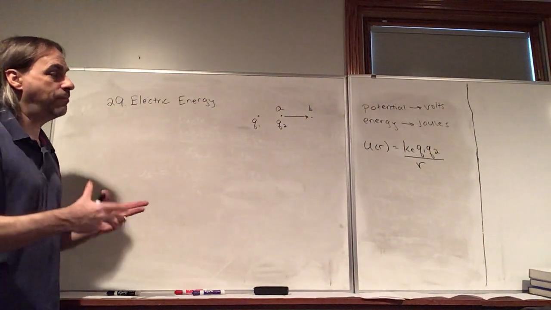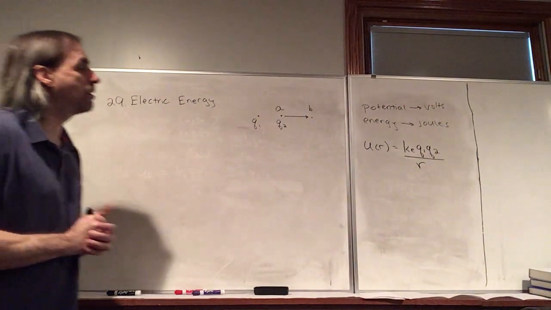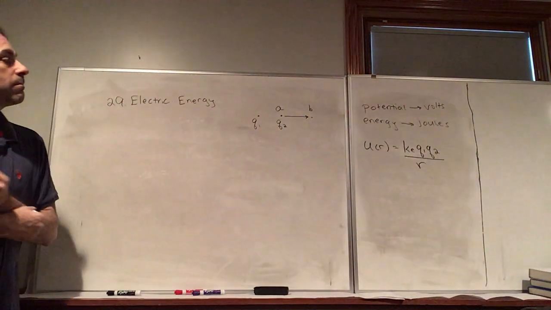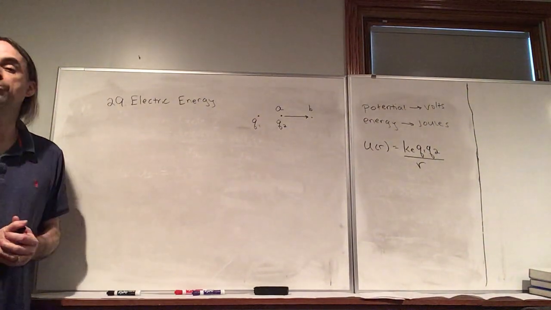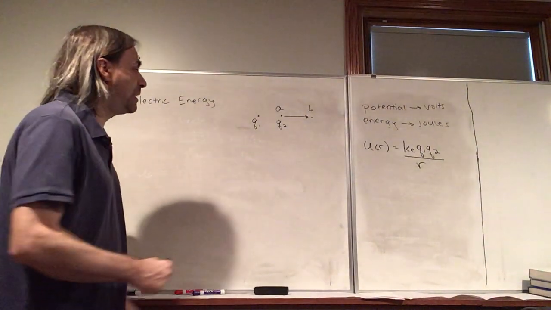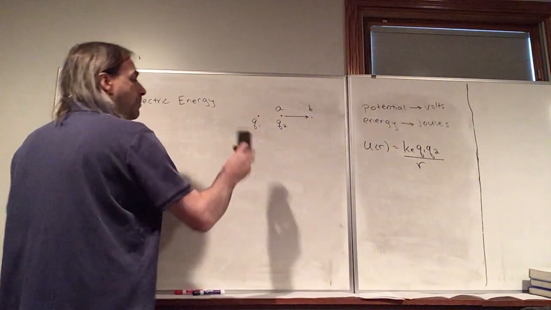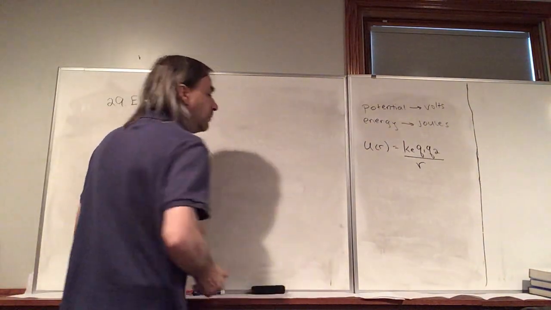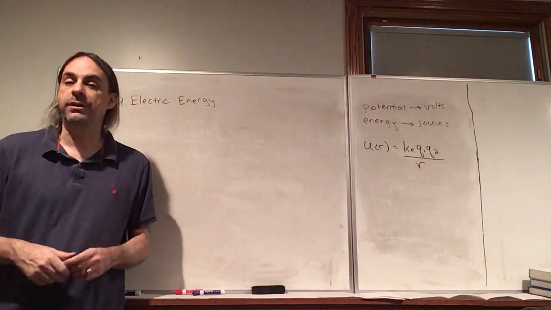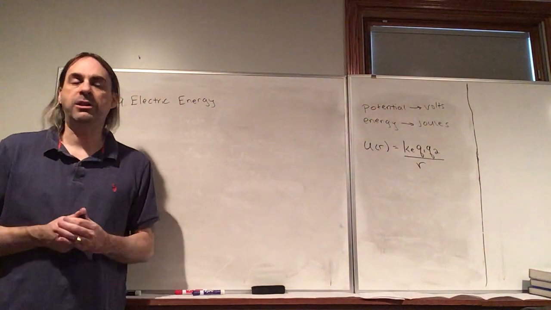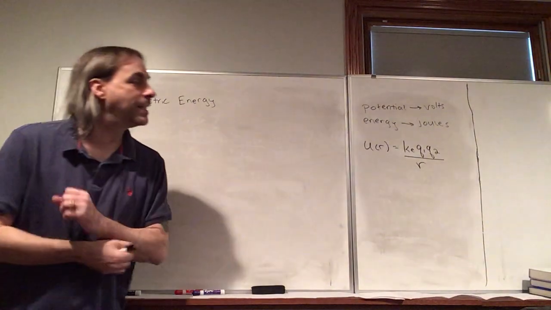But most of the time, we want to consider the combination of charges. What if that was our system? Then we can say the energy is stored in the system without really specifying which particle has the energy.